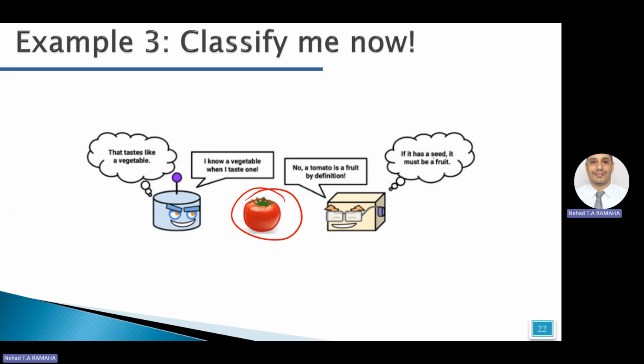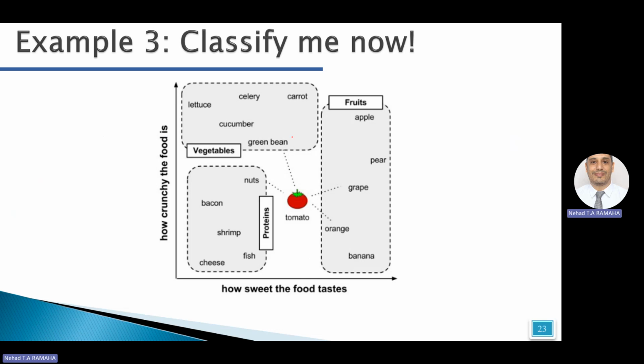If it has a seed, it must be a fruit, but it tastes like a vegetable, everyone has a different view. So here in this example, we have k equals 3. So we need to classify the tomato.